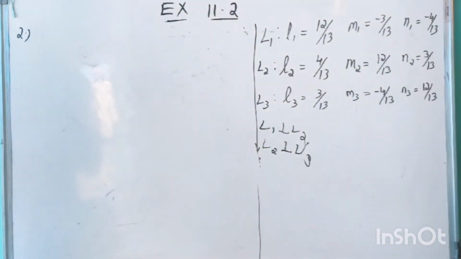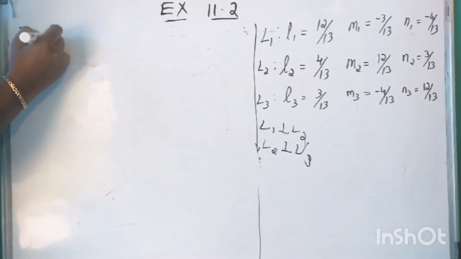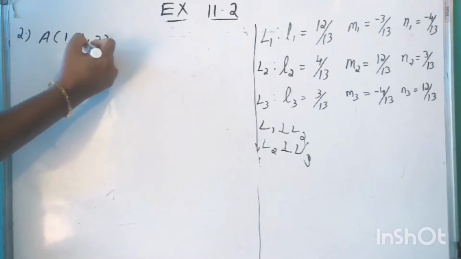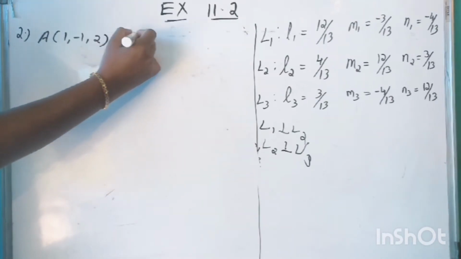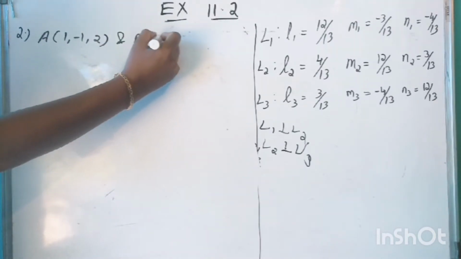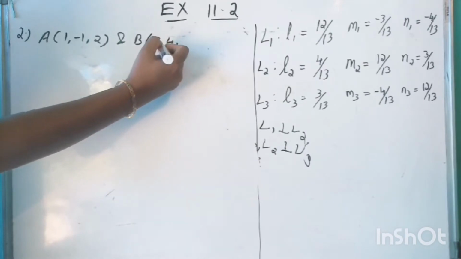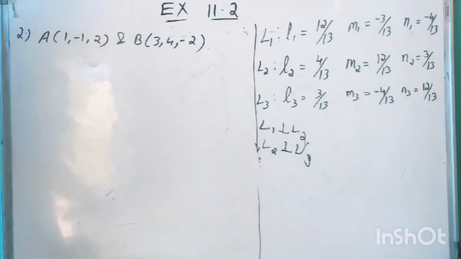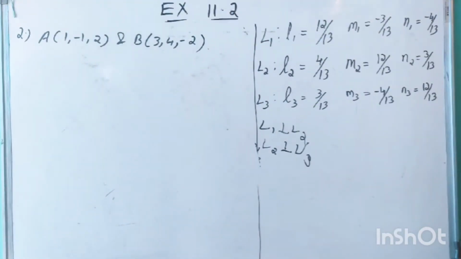For that first set of points, let A be (1, -1, 2) and B be (3, 4, -2) be the given points.